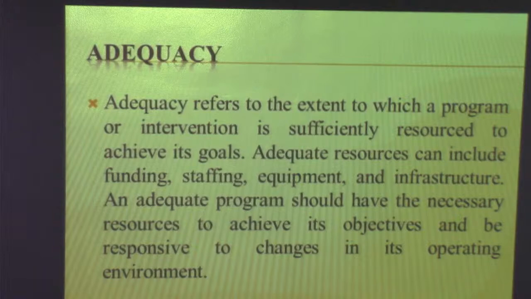Adequate resources can include funding, staffing, equipment, and infrastructure. An adequate program should have the necessary resources to achieve its objectives and be responsive to changes in its operating environment.